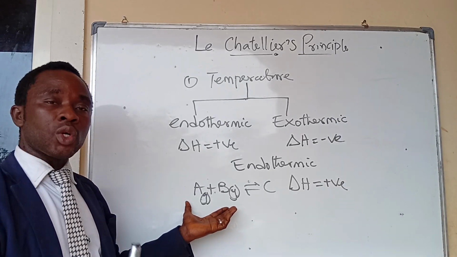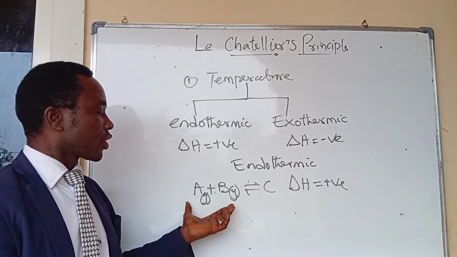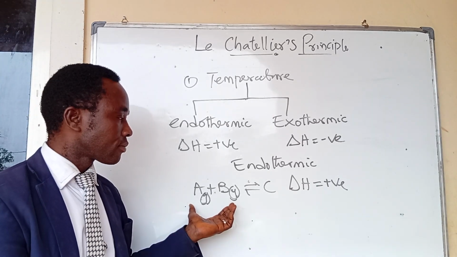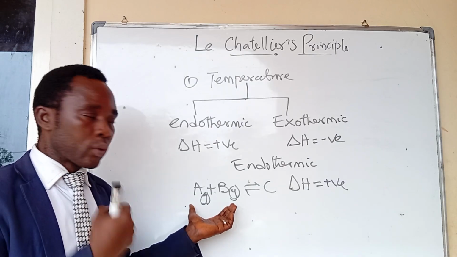When we increase the temperature of this reaction, or we say that for endothermic reaction, increase in temperature shifts equilibrium to the right, thereby favoring the formation of products.